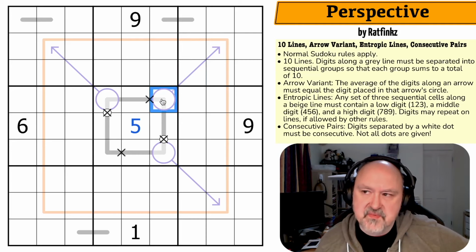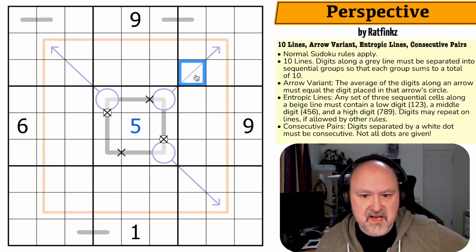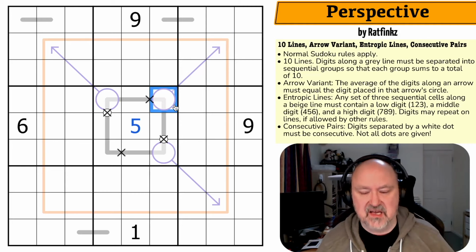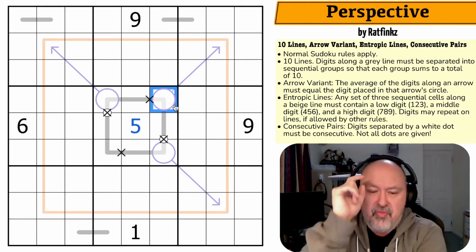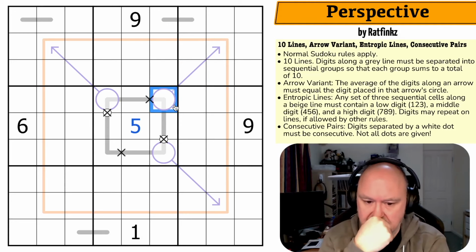But that doesn't stop this being anything because I can't make it 2, but this could be 3 if these sum to 6. No, I could even make these 2 if this sums to 4. Now, it can't be 1 because I can't make these sum to 2. So this is anything from 2 through 8. Wow, that's not fun at all, is it?